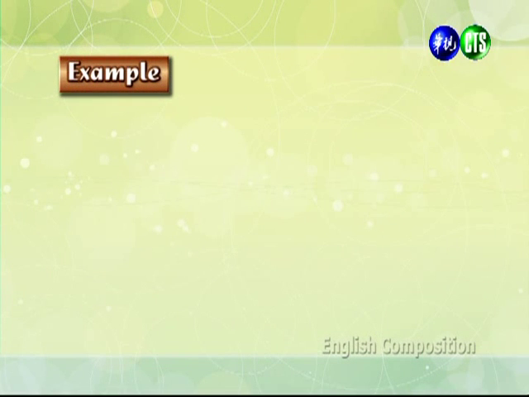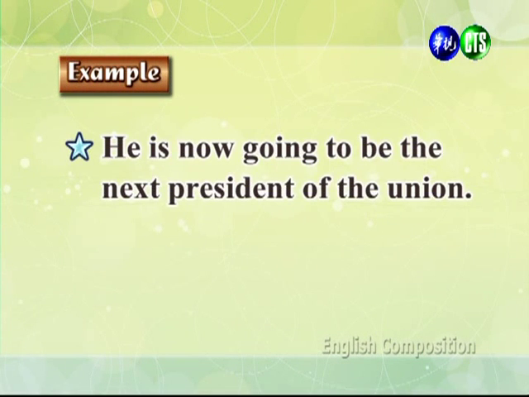All right, so let's take a look at an example here. 那我们来看看一个例子哦。 So we have this sentence: He is now going to be the next president of the union. 好，我们看到这个句子，他说他现在将要成为下一个我们这个组织的总裁。 And you can see every word is spelled correctly there. 好，你会发现呢，这个句子里面每一个字都是正确的。 And now let's take a look at another sentence.